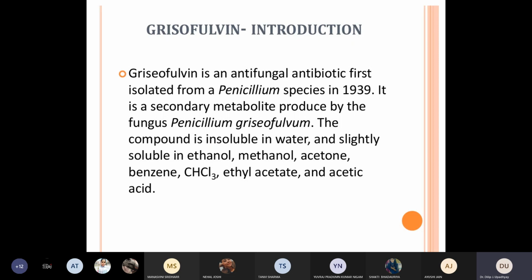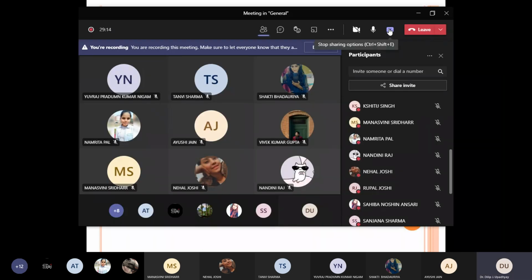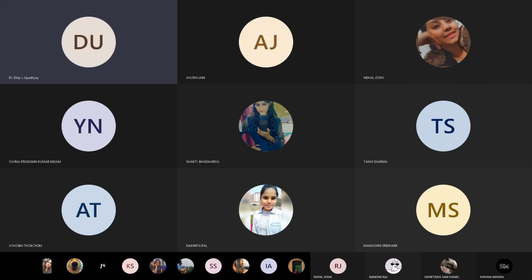Oh, this is not moving. Something is definitely wrong here today. One second, I'll first unshare, then share again, and let me see whether it works.